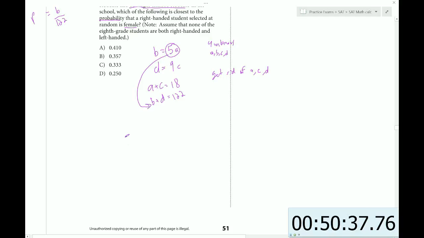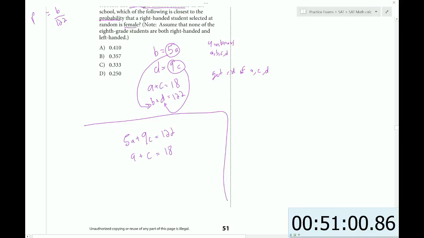So I end up with 5A plus D. And I also want to get rid of D, so I'm going to plug this in for D. Okay, 9C. So now I've gotten rid of B and I've gotten rid of D. So my other equation that I haven't used yet is this. So now I've limited it down to a 2x2 system.